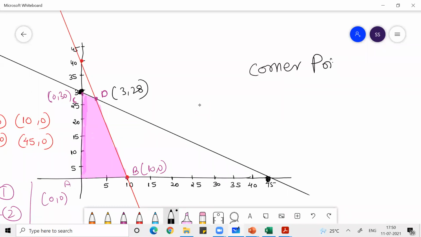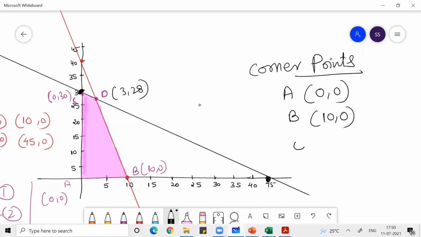So the corner points are: point A is 0 comma 0, point B is 10 comma 0, point C is 0 comma 30, point D is 3 comma 28.